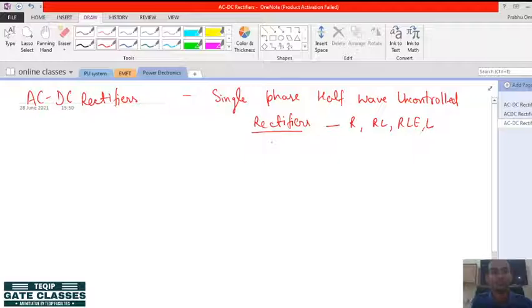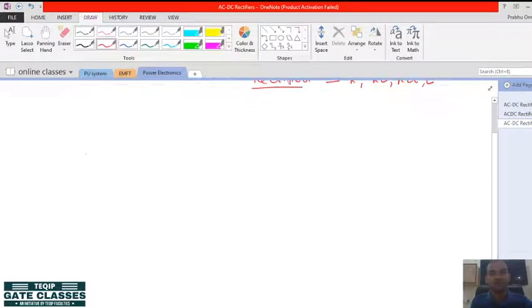So, now in today's section, we are going with two new types of load, that is RE load and C load.